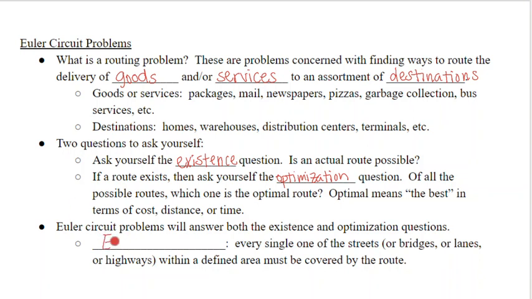So, an Euler circuit means that every street or bridge or lane or highway in the area you're looking at has to be covered by the route.